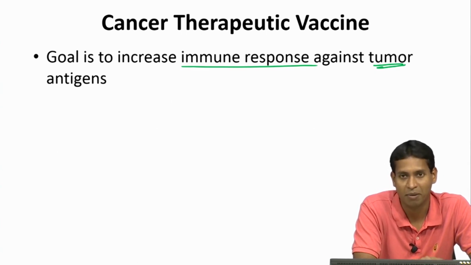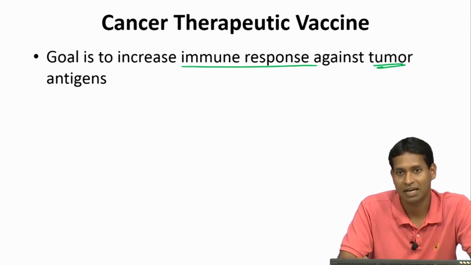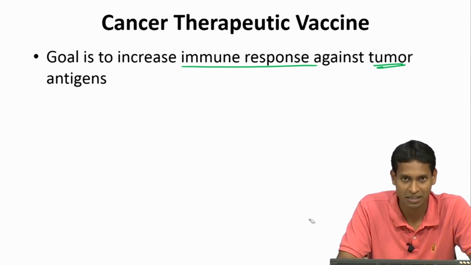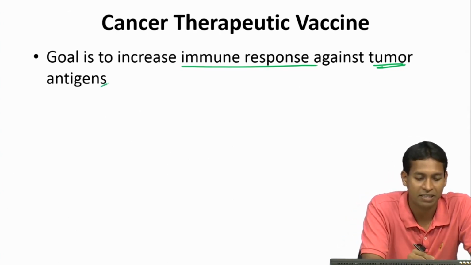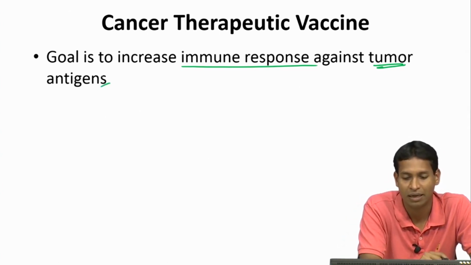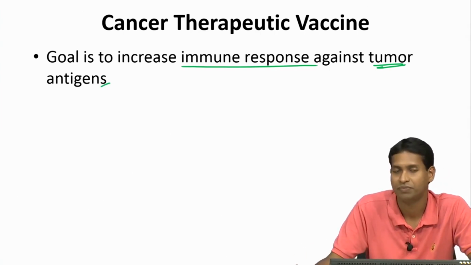At this point the major problem is that the immune system is not detecting that these are cancer cells, or is not able to do much against them, because it does not think that these are cancerous, or there are too many of them, or there could be several reasons. So, if somehow we can strengthen the immune response against these particular antigens, we will hopefully be able to cure cancer through our own immune system itself.